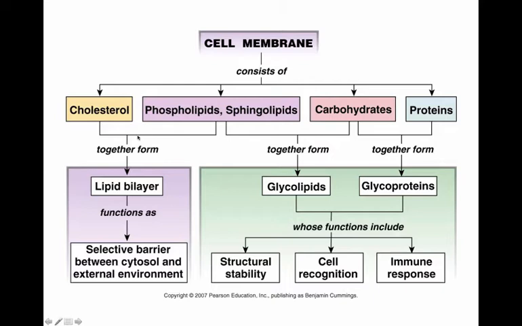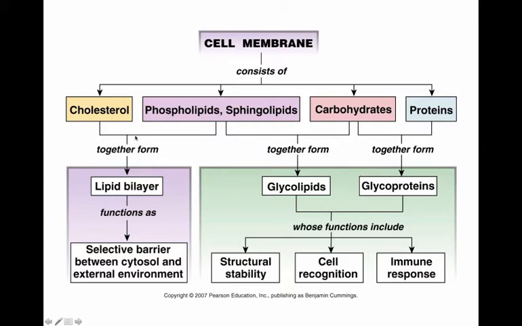The cell membrane consists of a number of proteins, a number of macromolecules. It's composed of cholesterol, phospholipids, sphingolipids, carbohydrates, and as I mentioned, proteins.